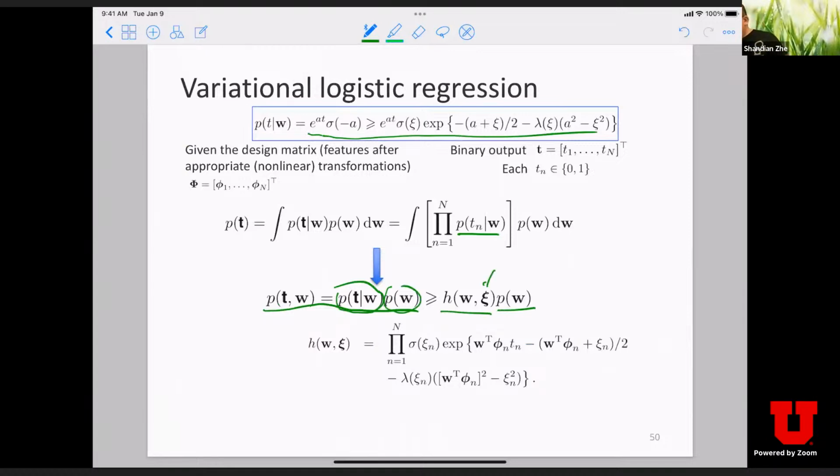Remember this Csi is bolded. That means it contains n different variational parameters. For data point n, we got Csi n. So again, this lower bound is a product over every data point n. Does it make sense?